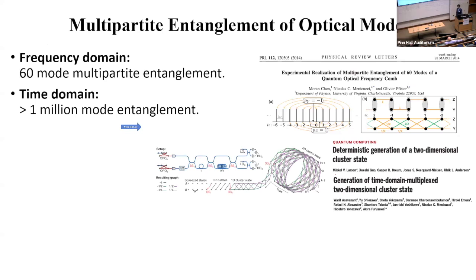The first is from Olivier's group, showing that this concept of using different frequencies and having them entangled together actually works. They generated probably 3,000 modes and measured 60 of them. When Google made its first big paper, it was 53 qubits, and this is 60. So this is quite amazing.